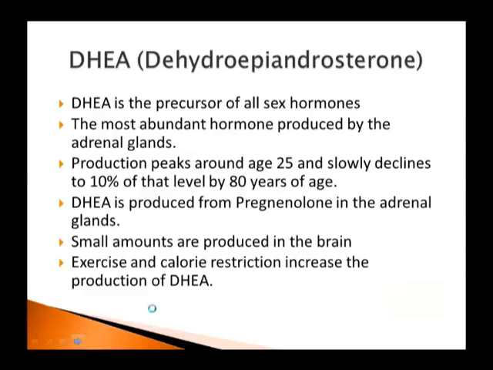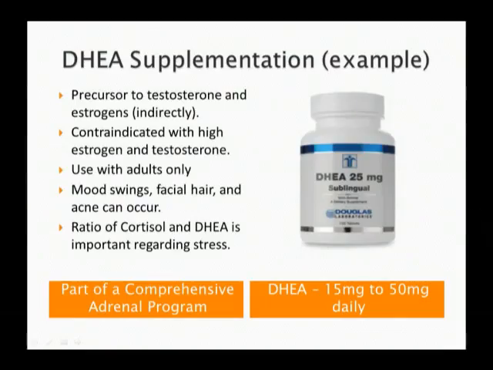So DHEA is important, and as a supplement, it's important to take. So as I mentioned before, it's an indirect precursor to testosterone and estrogen. It's something you only use with adults, so this is not something that would be used in kids. Some people can be sensitive to DHEA. They can get mood swings, they can get facial hair, sometimes acne. I don't see that often, but it's just something to be aware of.